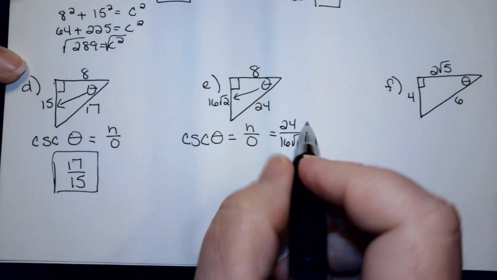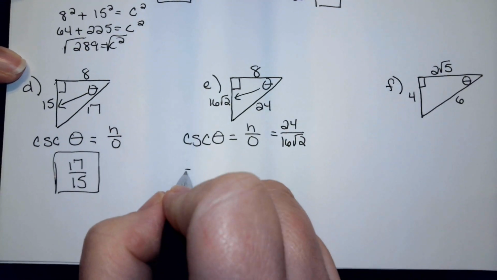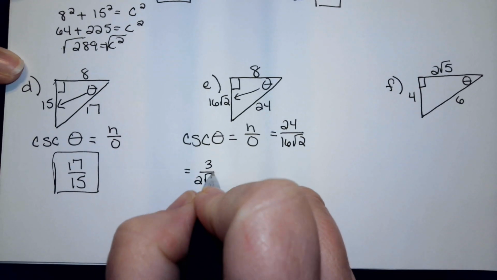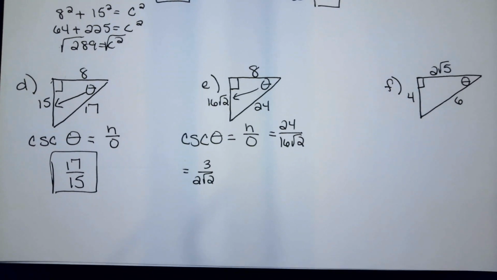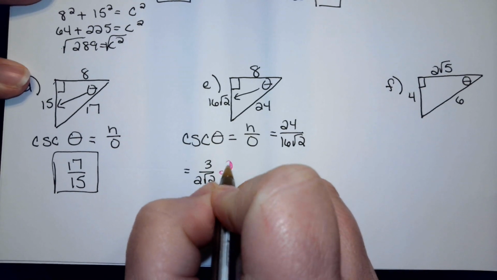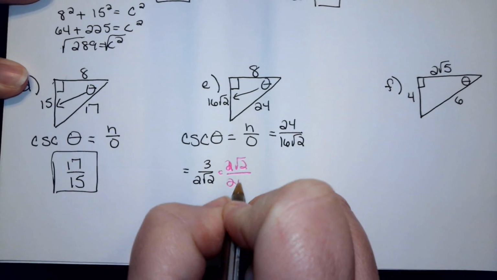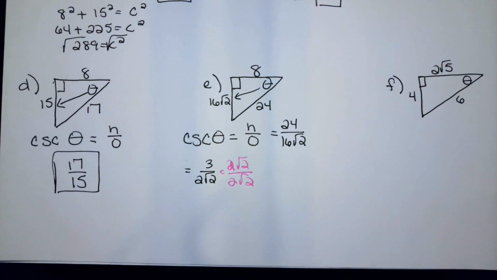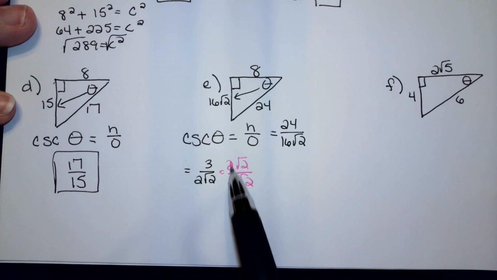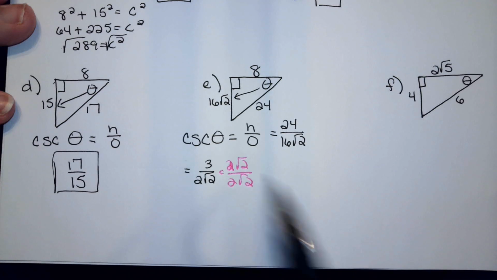So let's go ahead and simplify this. 8 goes into 24 3 times. 8 goes into 16 2, so we get 2 times the square root of 2. And remember, when you rationalize, you multiply the top and the bottom by whatever your denominator is. So we're going to multiply the top and bottom, your numerator and your denominator, by 2 times the square root of 2.